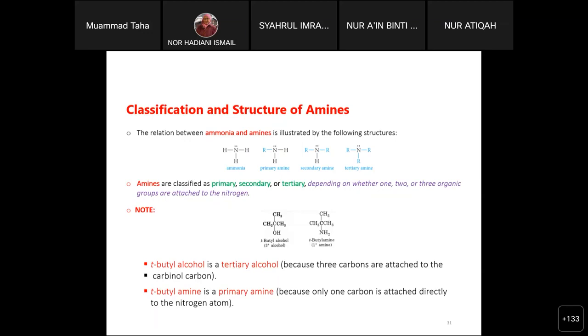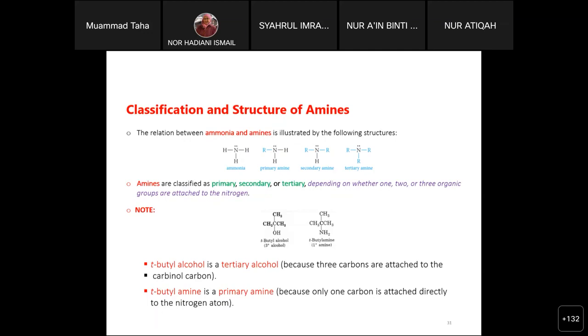In the case of alcohol, if the carbon bearing the OH is attached to only one carbon, it is primary. If it is attached to two carbons, the carbon sandwiched between two carbons is secondary. And if it is attached to three carbons, it becomes tertiary.